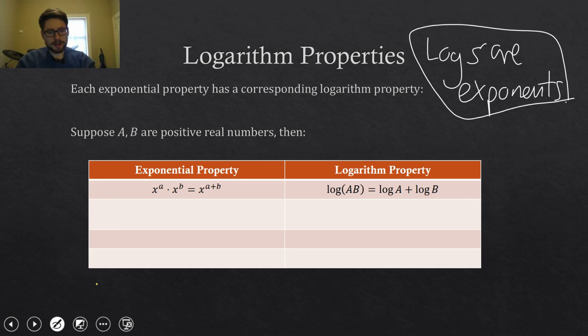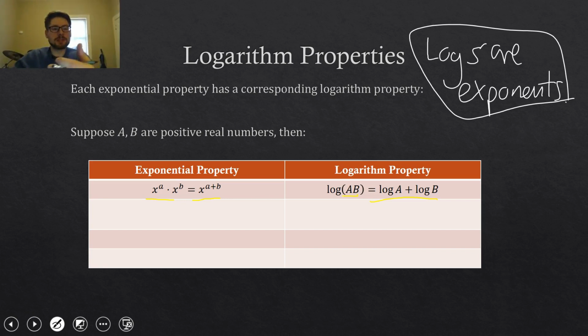So you should see some similarities here. We have a sum over here, and we have a product on the inside of the logarithm. So that's our first logarithm property, where you take the log of a product and pull it out into a sum of two logs.